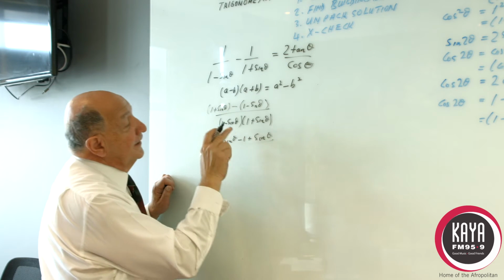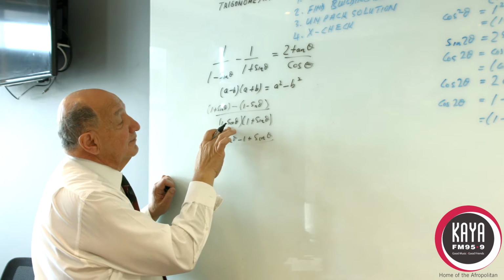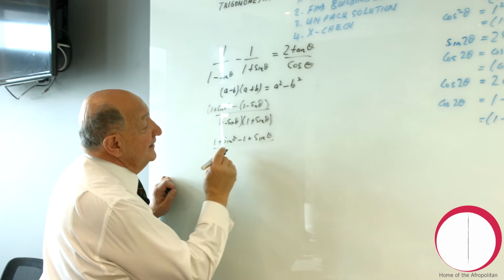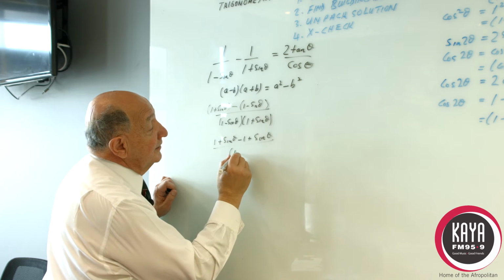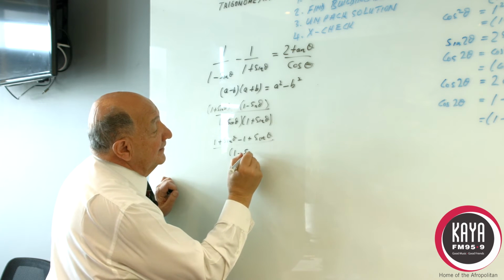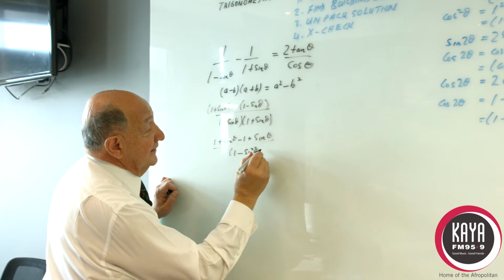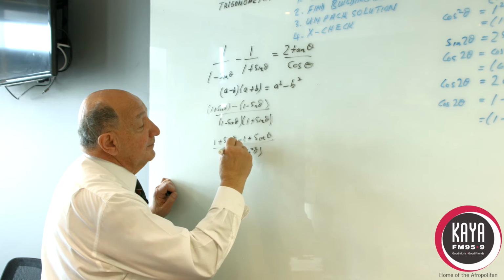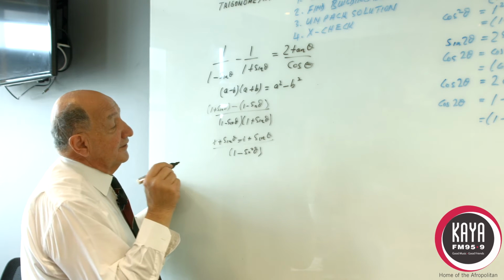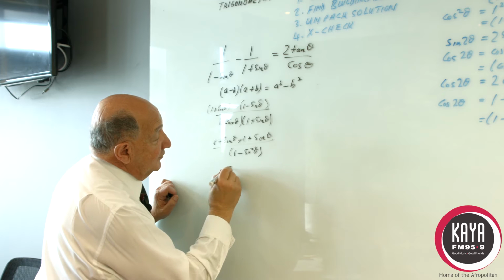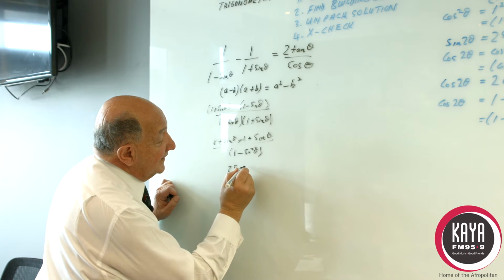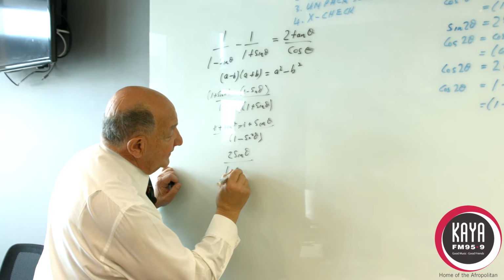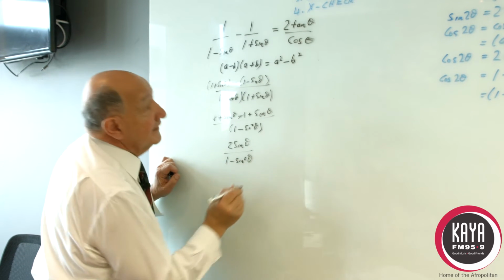The denominator is a difference of two squares, so that's going to be 1 minus sine squared theta. In the numerator, we have a plus 1 and a minus 1, so they go out. So we end up with 2 sine theta over 1 minus sine squared theta.